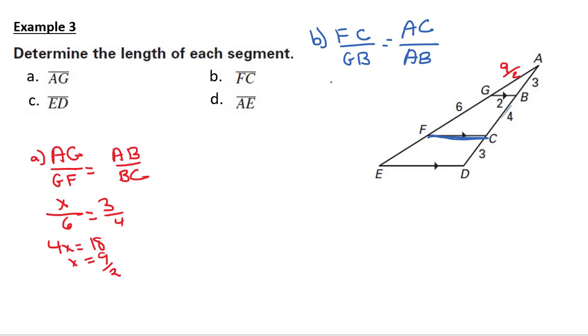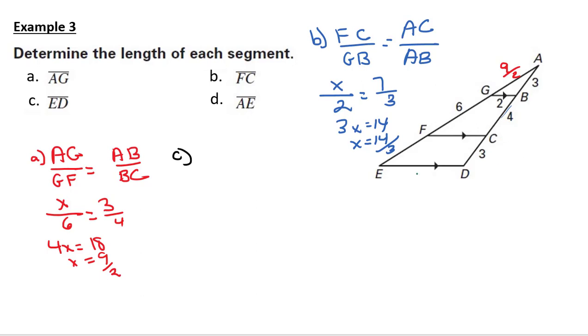So FC is what I'm looking for. GB is 2. AC is 7. AB is 3.